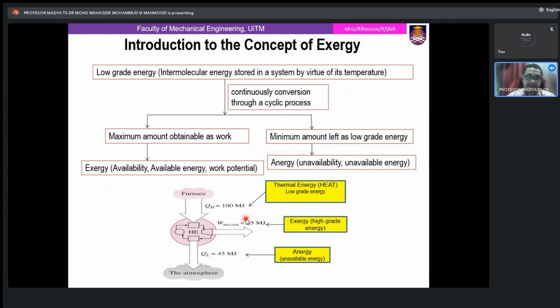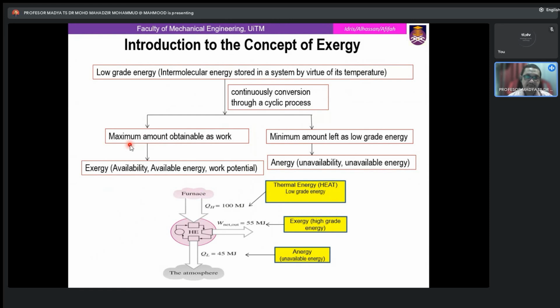So let's look at this system on the chart. Low grade energy is the intermolecular energy stored in the system by virtue of its temperature. So with continuous conversion through a cyclic process, one part is the maximum amount obtained as work, and the other is the minimum amount left as low grade energy.